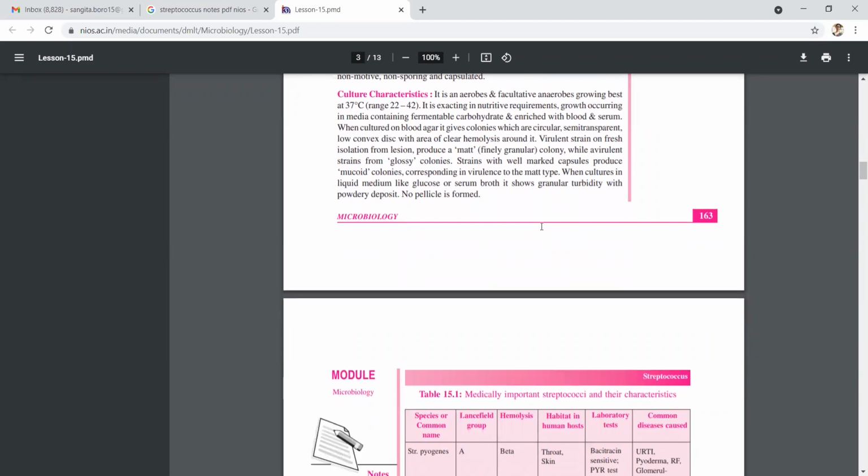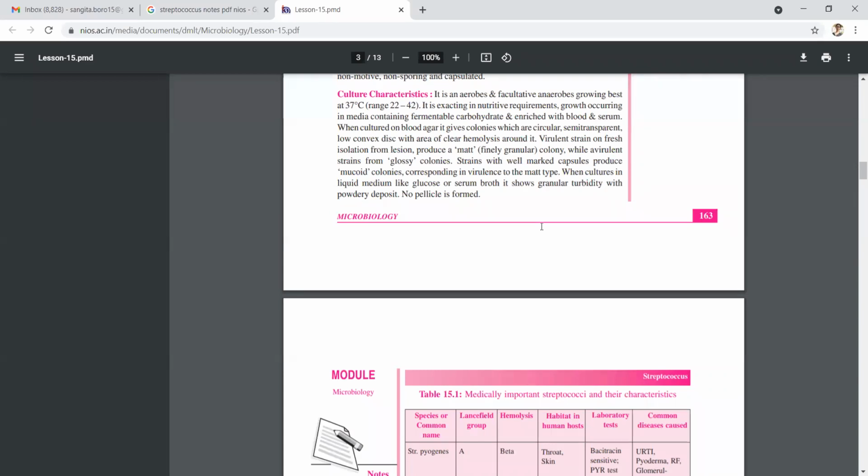The culture characteristics: it is aerobic and facultative anaerobic, and they grow best at 37 degrees Celsius. It is exacting in nutritive requirements. You will find them growing properly in media which contains fermentable carbohydrate.